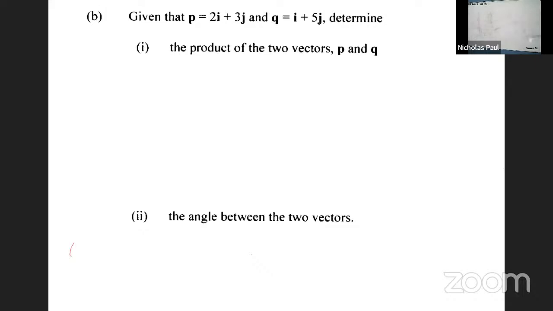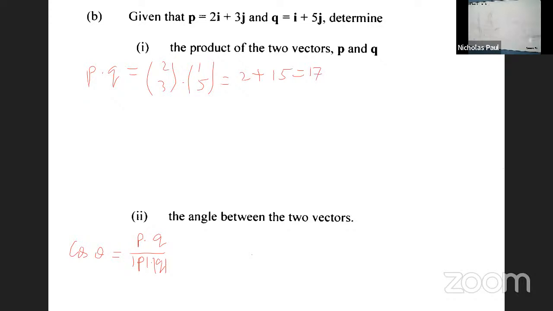Right, so the formula is cosine theta is equal to P dot Q over the magnitudes. Remember you have to find cos inverse of that. So P dot Q is 2 by 1 plus 3 by 5, so that will be 2 plus 15, 17.